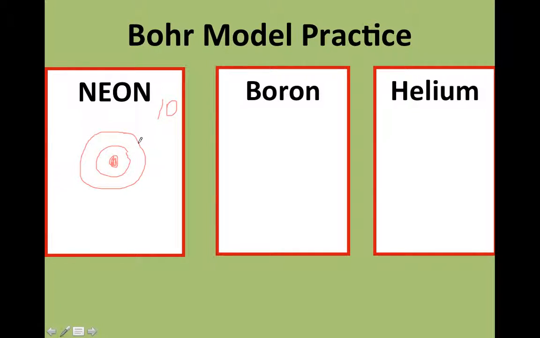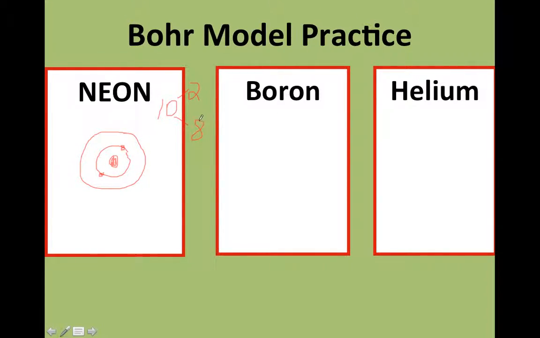Remember, the first shell can have a maximum of only 2. So I'm going to place those 2 right there. When I take 2 away from 10, I get 8.